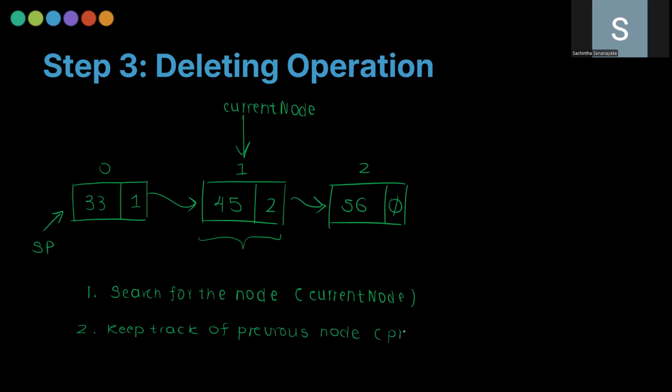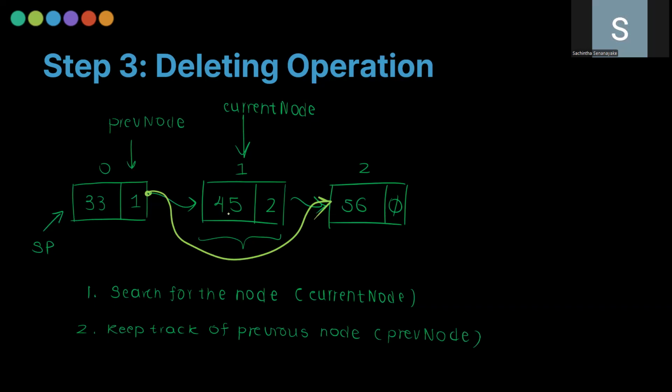We'll call this our prev node, which in this case is node number 0, sorry. Now, the reason we do this is because the way we delete this node is by essentially forming a short circuit from the previous node to the node afterwards, thereby essentially dereferencing this node that we want to delete.